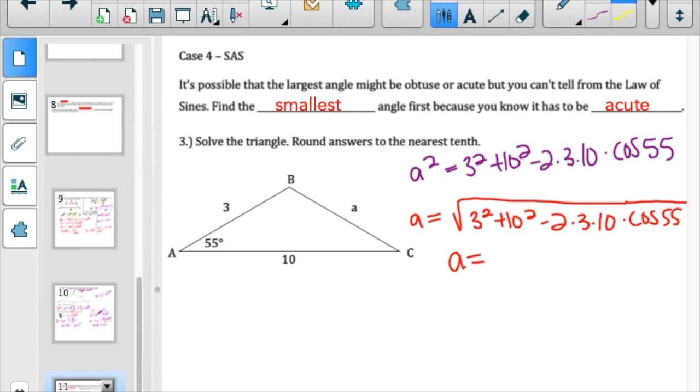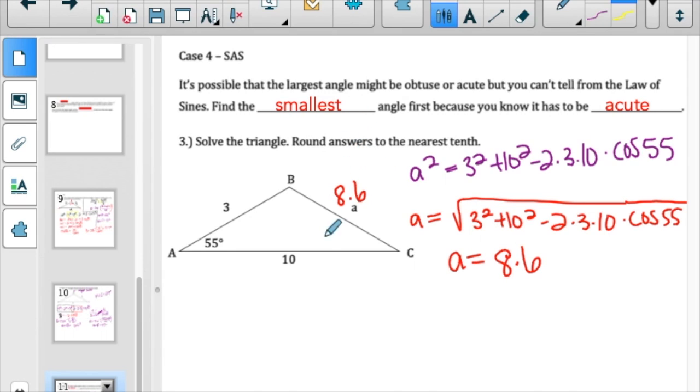Are we getting 8.6? So you type this in and you're getting 8.6 for this side over here.